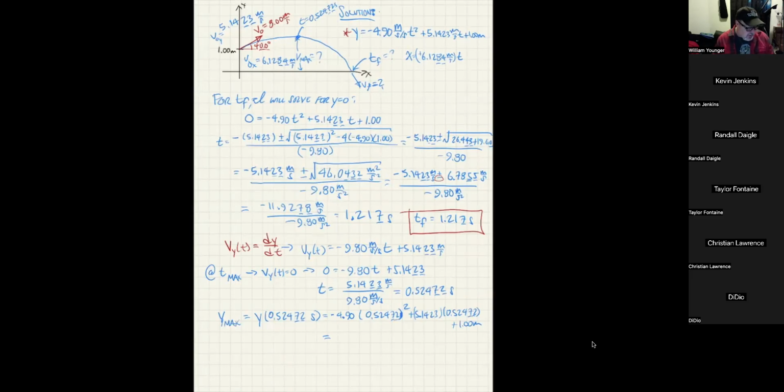That would have given me 2 decimal places. So in other words, this number had 2 decimal places, keeping track of that. This number, however, is 5.1423 times 0.52472.